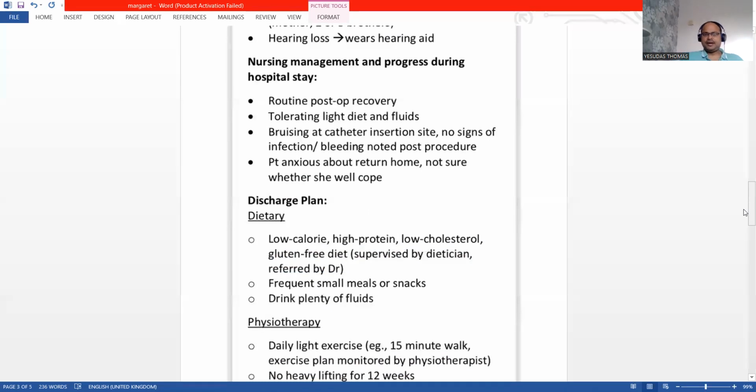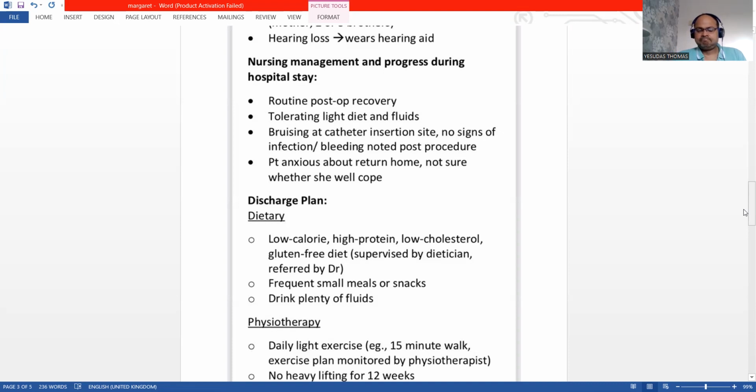Now, what's her condition right now? She's tolerating light diets and fluids. She has bruises at the catheter insertion site, with no signs of infection.